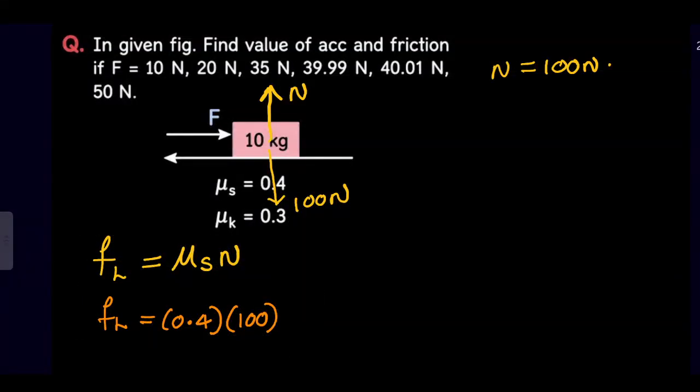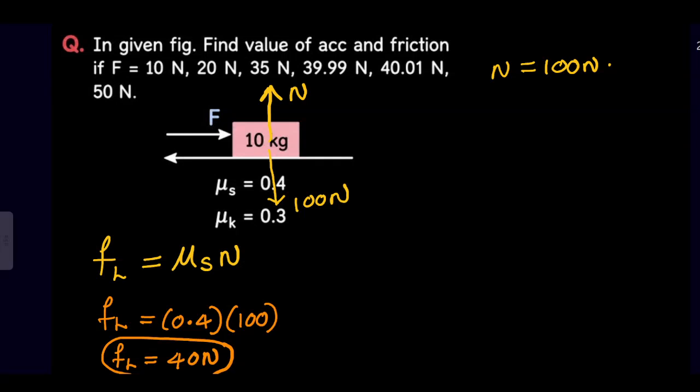Frictional force is generally denoted by small f. So the limiting friction is 40 newtons. Is this point clear? Whenever mu s is given, keep in mind the first step is to find the limiting friction, that is mu s into N. First step clear? Now listen carefully.